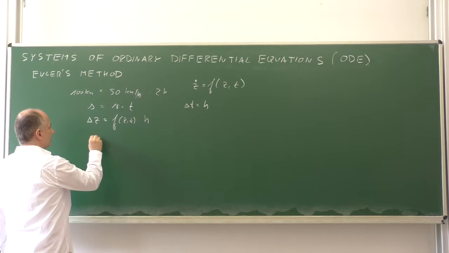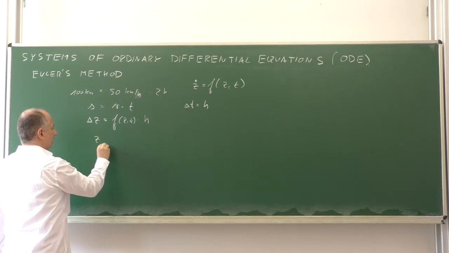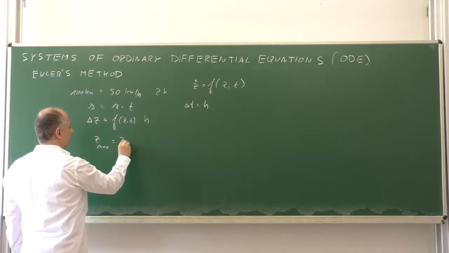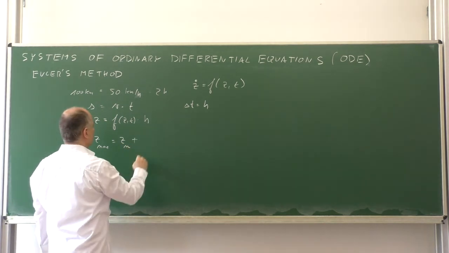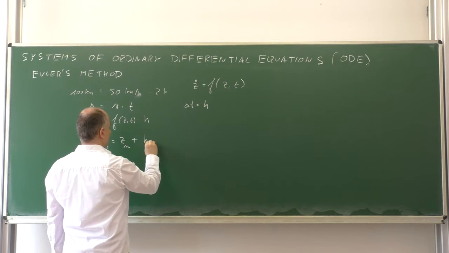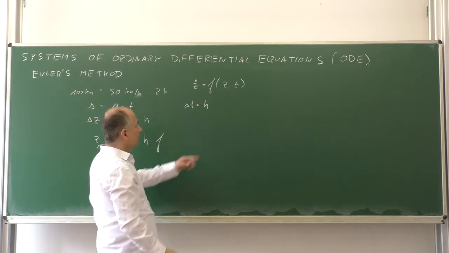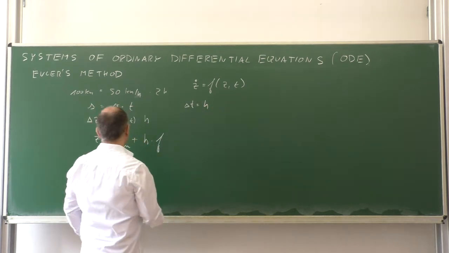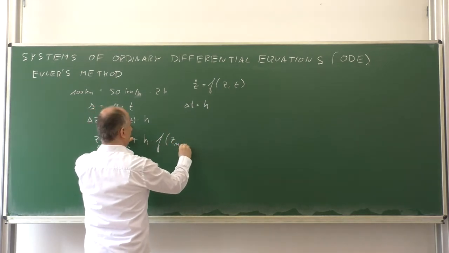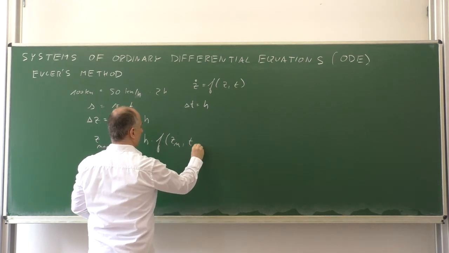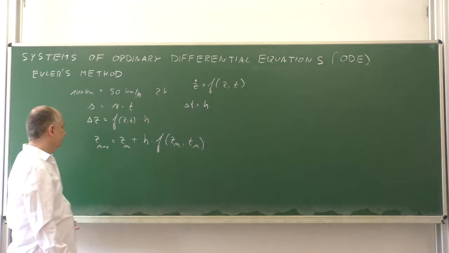That means the new value z_{n+1} is the previous value z_n plus the change, which is h times the function that appears on the right-hand side, evaluated at the old point z_n and the old time t_n.